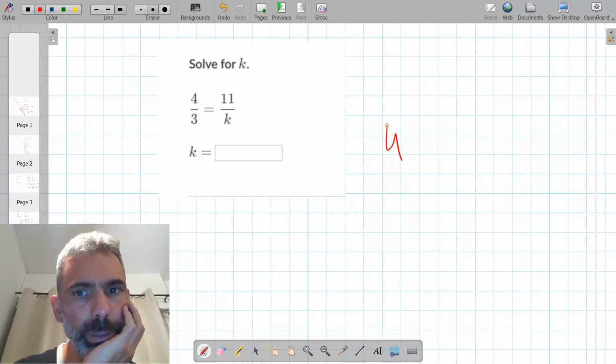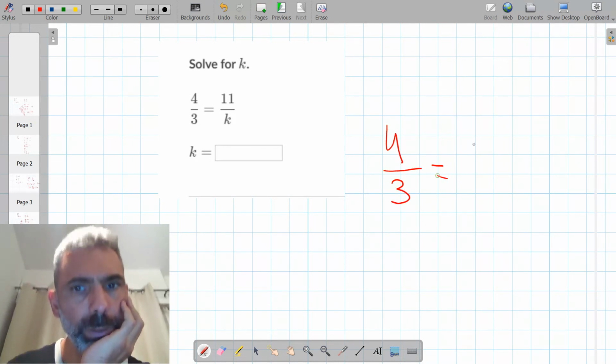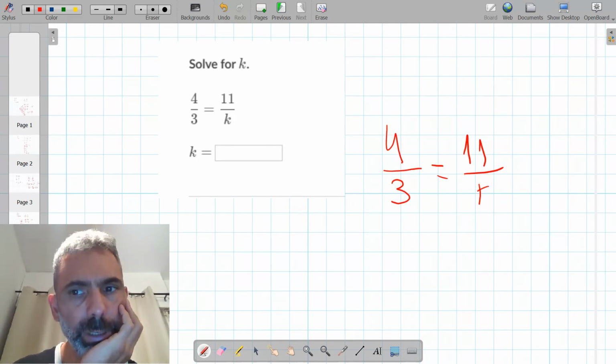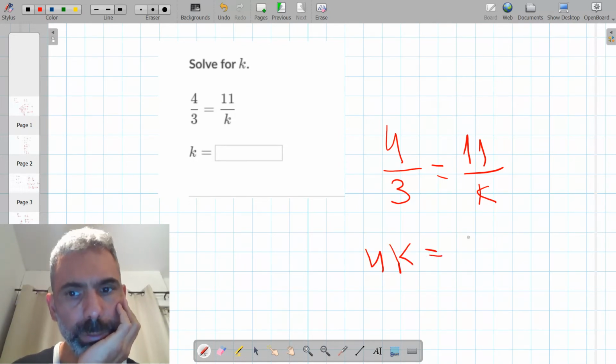So 4k over 3 equals 11 over 3. So 4k equals 33.